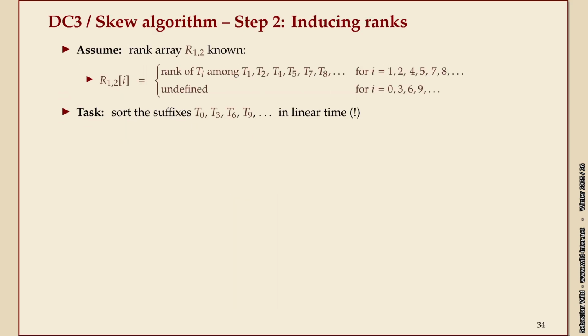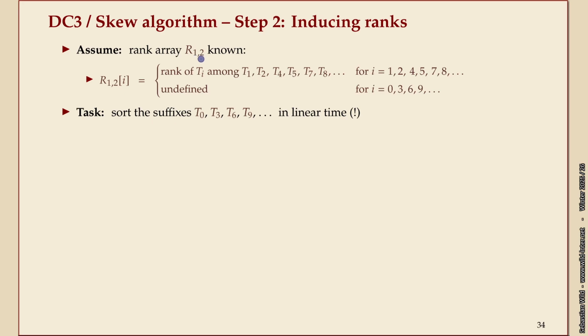Let's look at the second step first. We'll come back to the first step. Conceptually, it's just recursion, so that's easy, right? Where we have to do the actual work is in the conquer step. And the second step says we've recursively computed the sorted order of all those suffixes that start at indices that are not a multiple of 3.